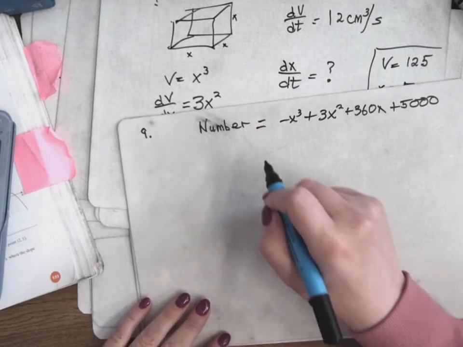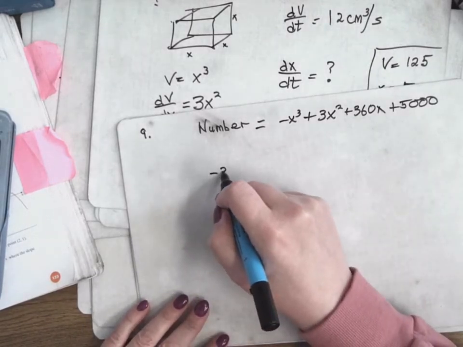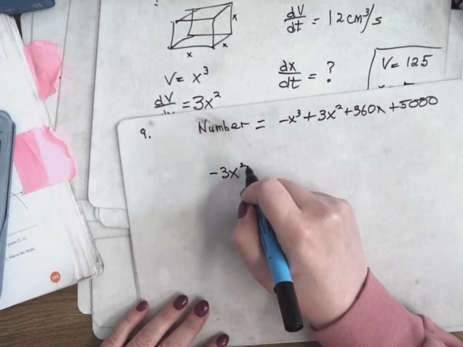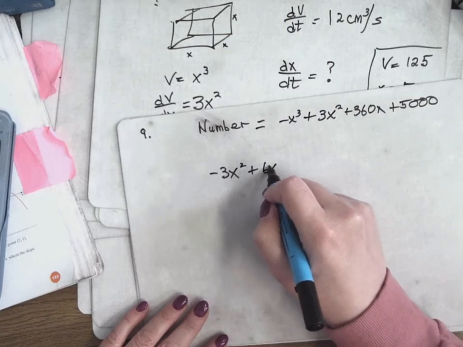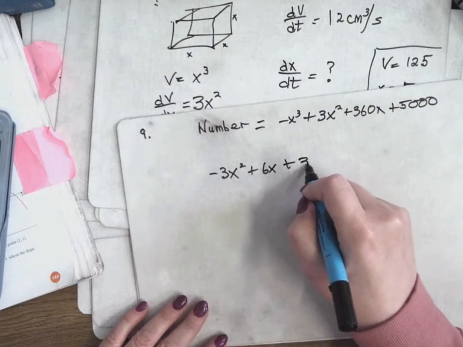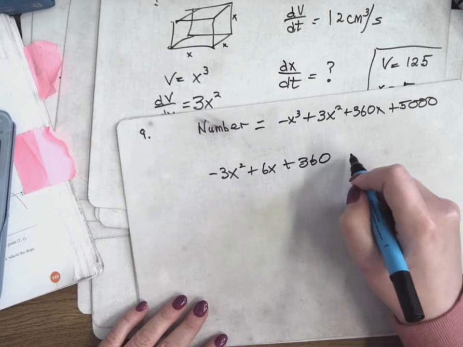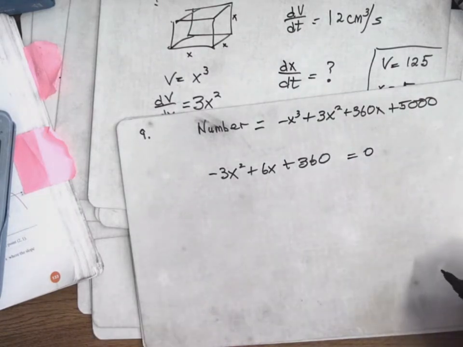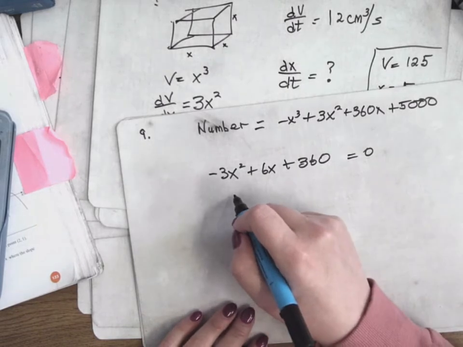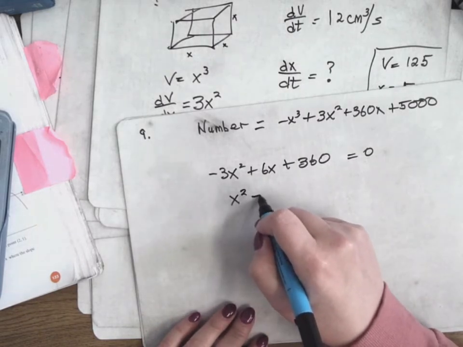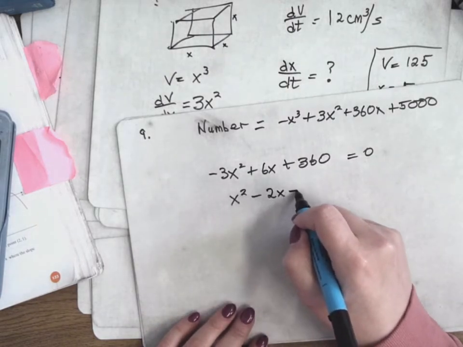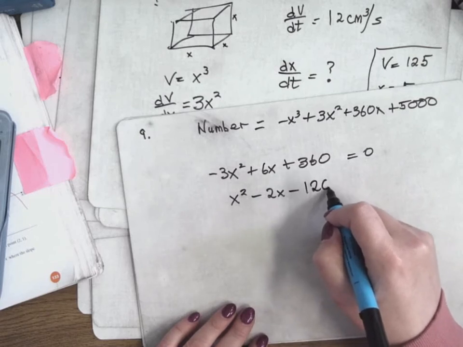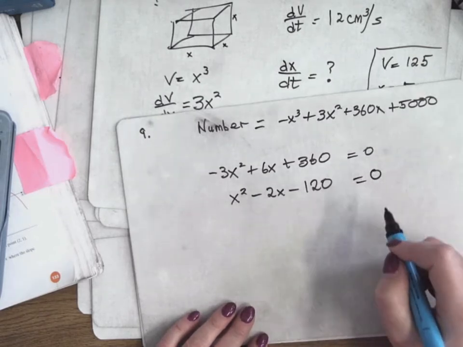Agreed? So get dy dx, so you'll get minus 3x squared plus 6x plus 360, and you know at the turning points that equals 0. So we're solving. What I'm going to do is divide across by minus 3, so that's x squared minus 2x minus 120 equals 0.